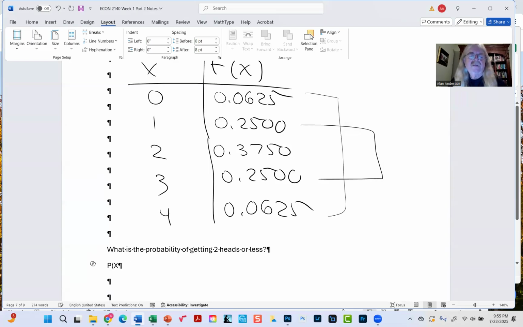Oh, and again, let's use F. So that would mean F of 2 is actually the same thing as saying what's the probability of getting 0 heads plus 1 head plus 2 heads. 0.0625, so 0.25 plus 0.0625 equals 0.375.